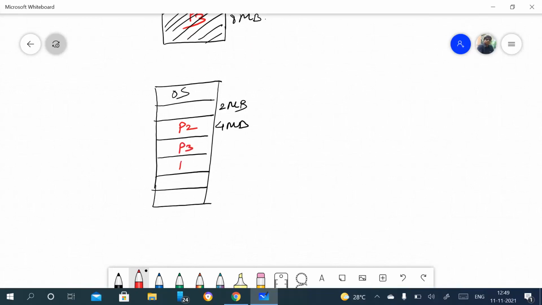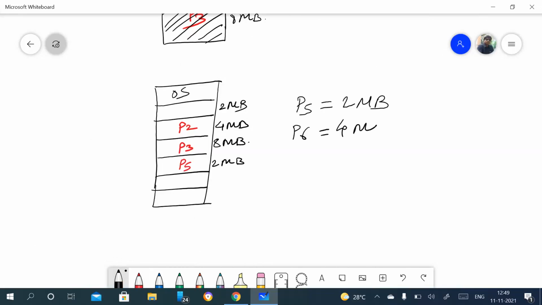Suppose one more process is there, that is P5, and its need is 2 MB. Consider this is 2 MB. This is 8 MB. Again, consider P6 is a process, its need is 4 MB, right? So this is P6 and its need is 4 MB.